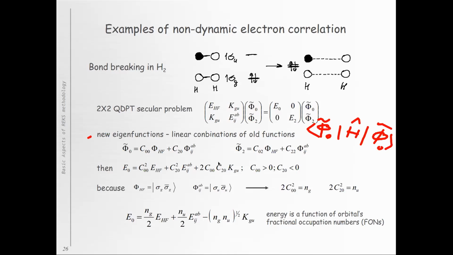If we realize that each one of them can be represented as a square root, we will end up with this expression. The square root of ng is the square root of 2 times C0, and the square root of nu is the square root of 2 times C2.